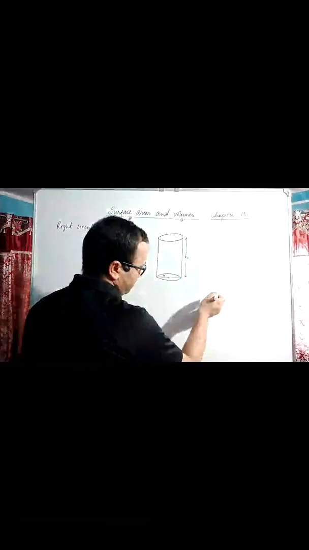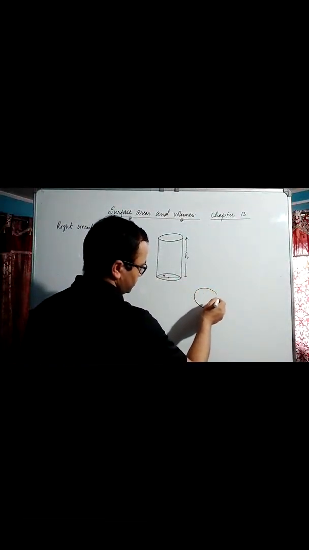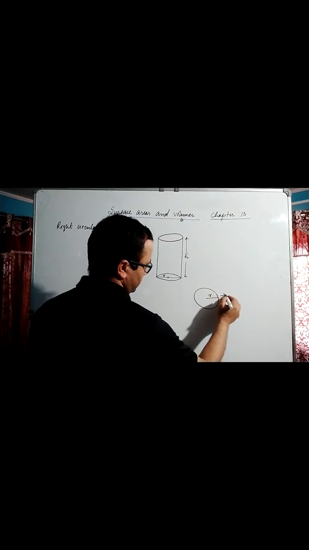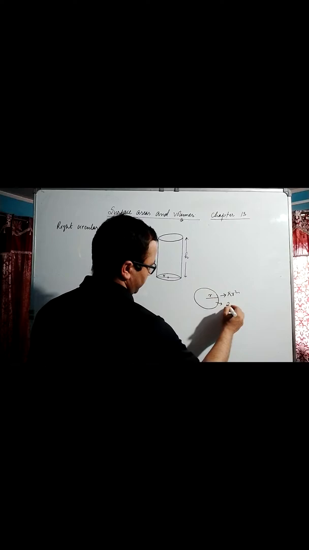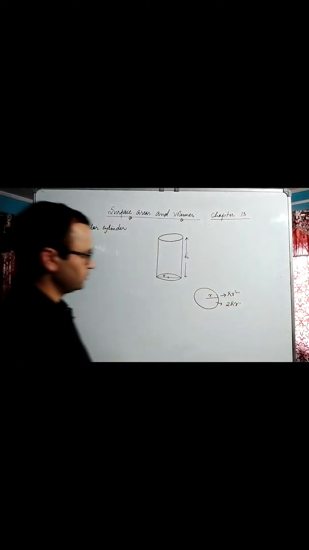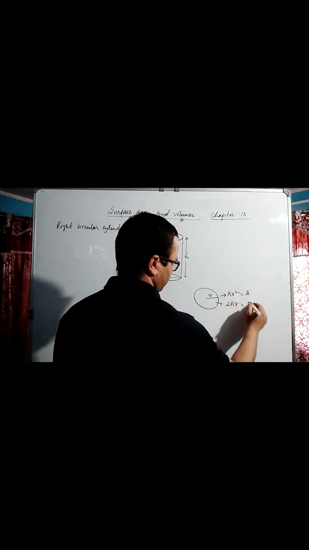Now the face of the top part and bottom part is like this, means circular. So it has radius r. So what will be the area of this part? It is pi r square. Now the perimeter of this part is 2 pi r. Area is pi r square and perimeter is 2 pi r.